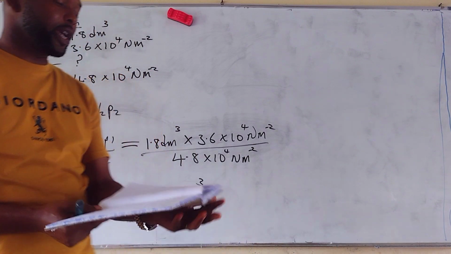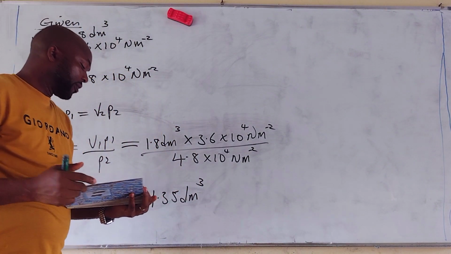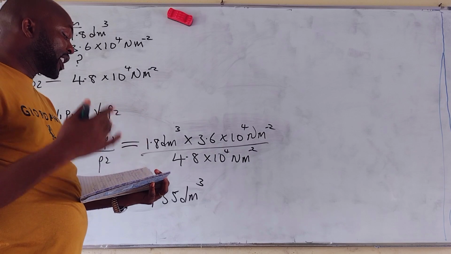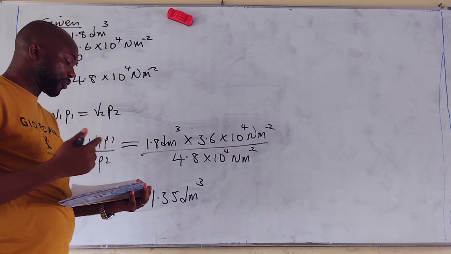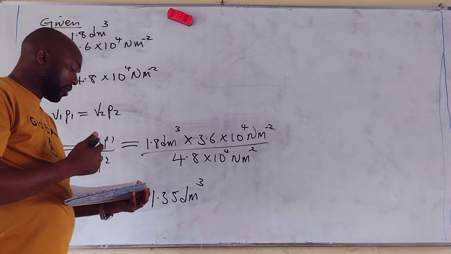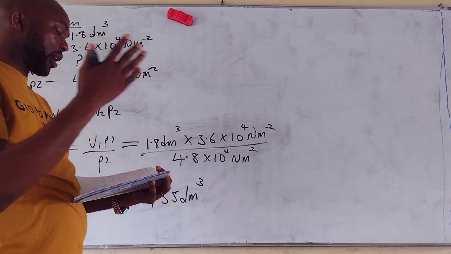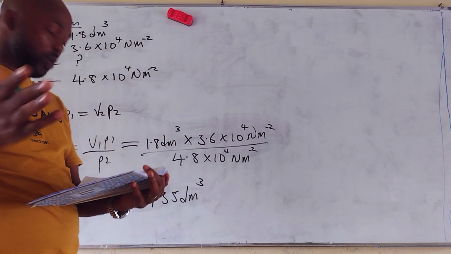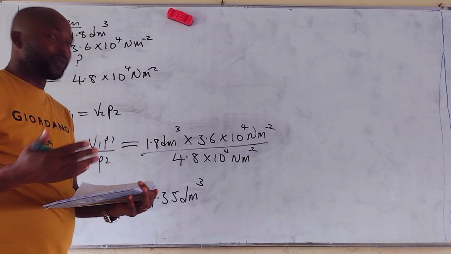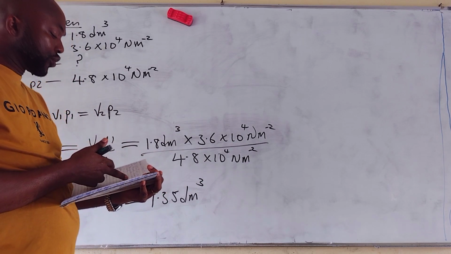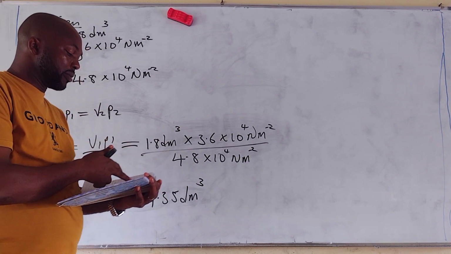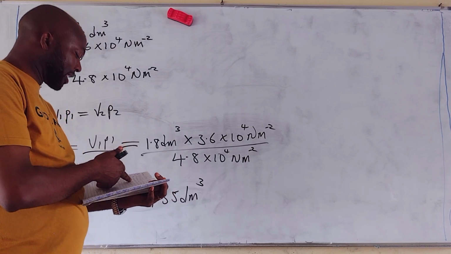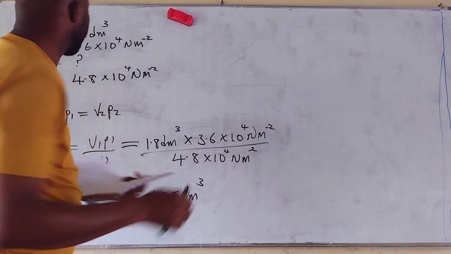Our third question here: if 375 cm cube of a gas has a pressure of 770 millimeter of mercury, so we have our V1 and our P1. Find its volume, the V2, if the pressure is reduced to 750 millimeter of mercury. That is our P2.